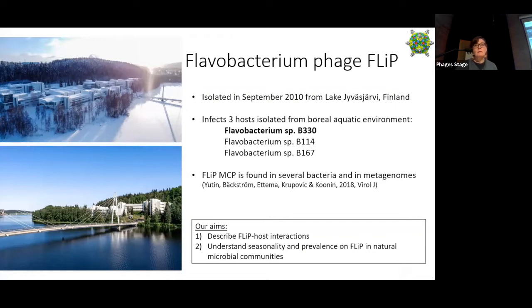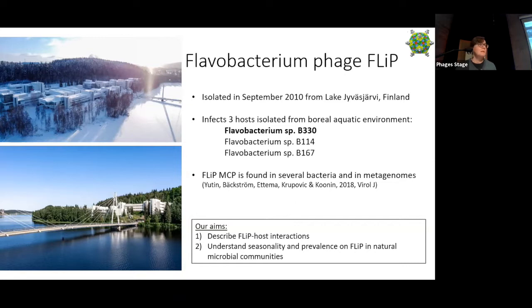So we know that this phage is a unique isolate, but it can infect 3 different flavobacterial hosts in our collection. The B330, which is marked in bold text, is its isolation host, but it can also infect 2 other hosts, which is interesting, since B114 has been isolated from the very northern part of Lapland, for example.